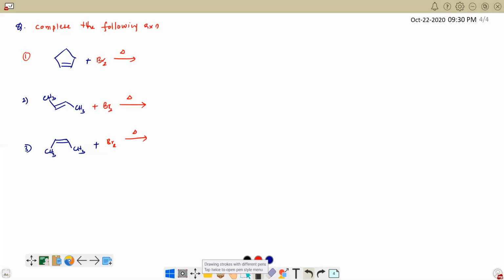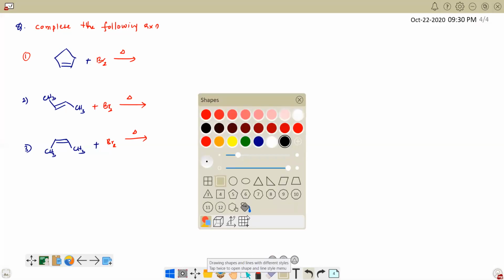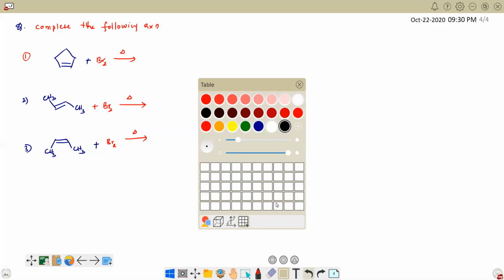Okay, do you remember one table, one concept about stereochemistry? Do you remember? No, sir.